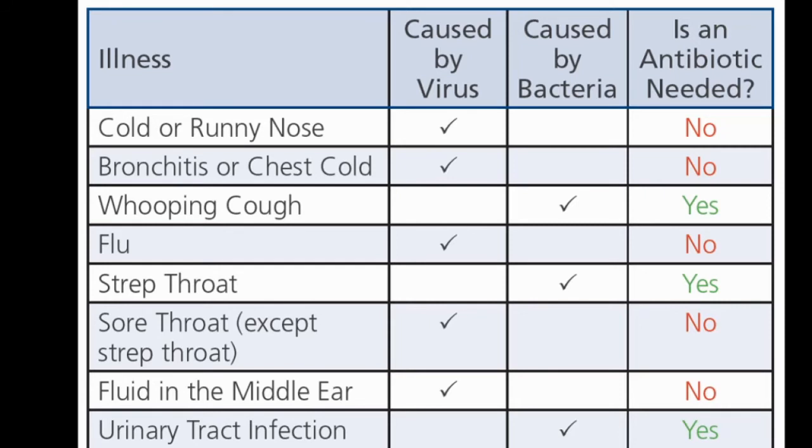Whooping cough, a dry cough, is caused by bacteria. When you have that cough and you can hardly breathe and you feel your throat in pieces. When you have the flu, virus. Strep throat, again, bacteria.